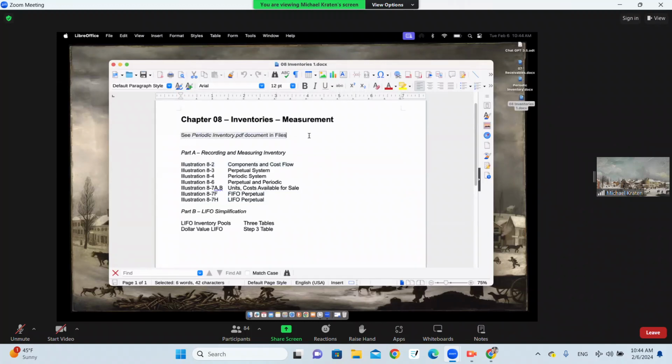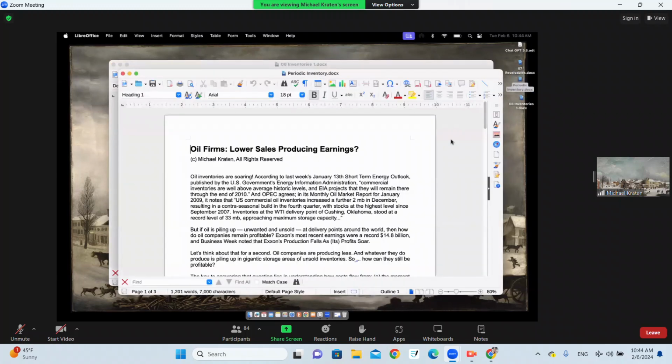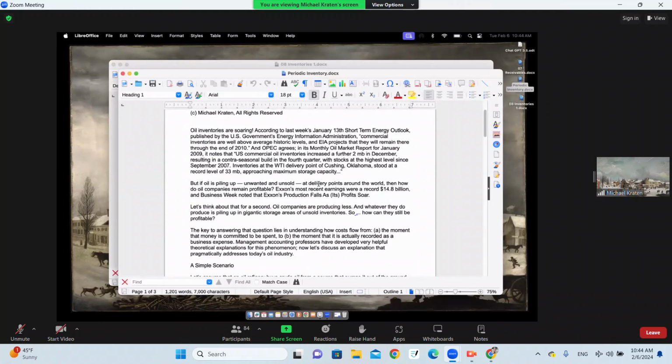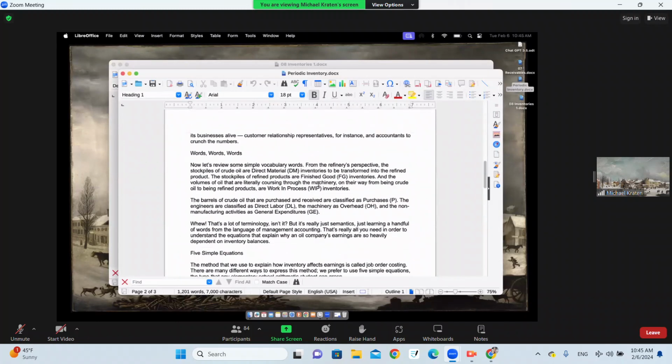In fact, 8.2 is so important that I'm going to use a different document to explain it. Now, if you say, what is this? This is actually a blog post that I wrote a long time ago.